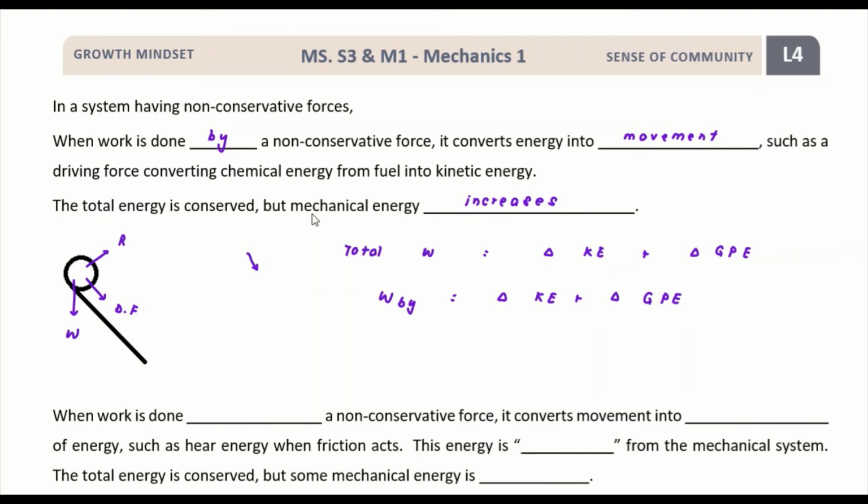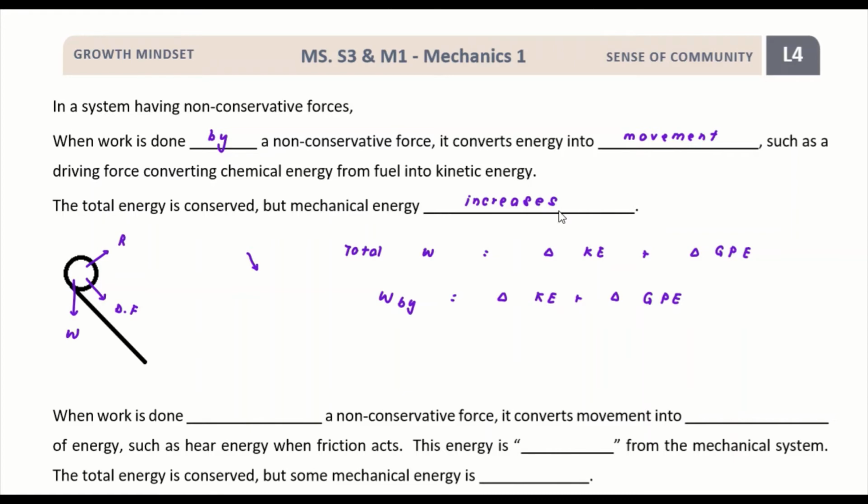So that's why our total mechanical energy increases. But if we talk about the total energy, then it's still the same because you can't create extra energy from this system. You get what I mean? It just transforms from chemical to mechanical energy. So the total energy is conserved, but mechanical energy actually increases.